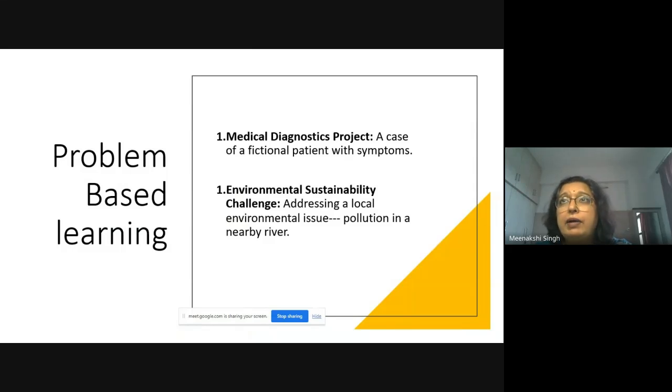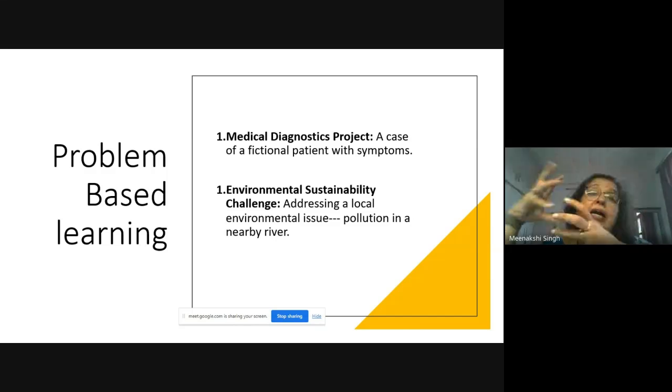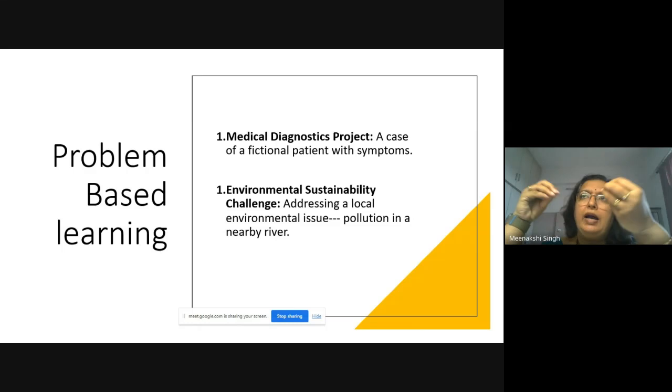For example, in a biology class, you can present a fictional patient who feels a constant headache on one side, and has all kinds of symptoms you can provide, thinking of what exactly you want them to think of. Then you can ask them to propose a treatment, or tell what the problem is.